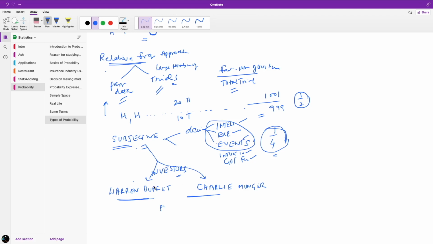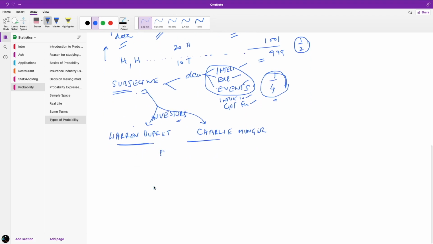And then the fourth approach is the axiomatic approach. In this approach, the probability of any event is calculated on the basis of certain axioms or rules. So there are certain rules, and we calculate the probability based on those. What are those rules?